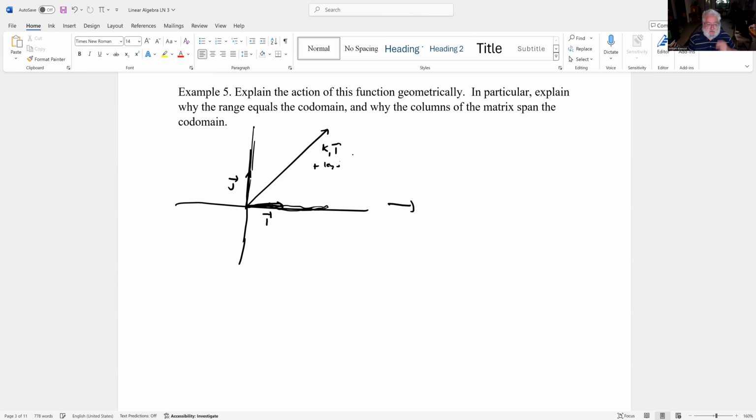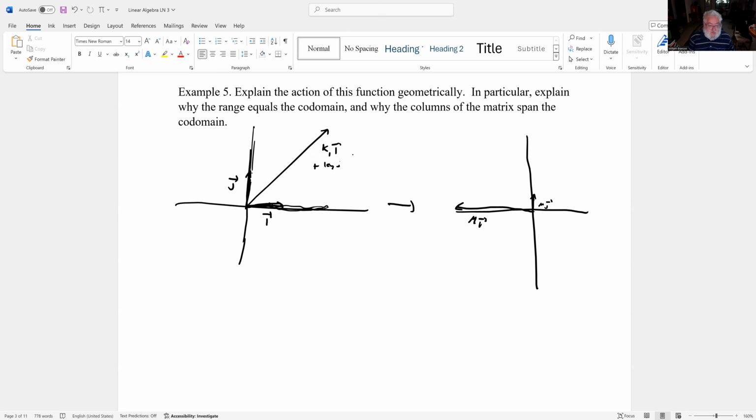What does this function do? Well, this function itself takes i, flips it over the x-axis and makes it 3 times as long. So mi, and it takes j and it gets it in half, right? This is length 1, m times j is length 1/2. This way. This is m times j.